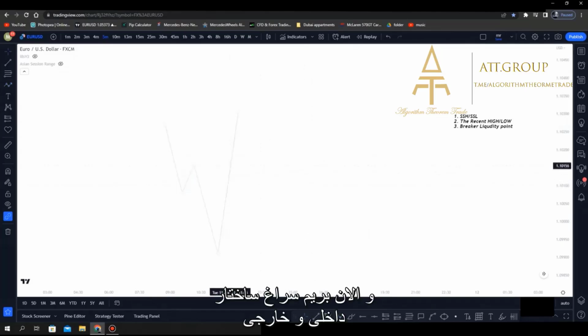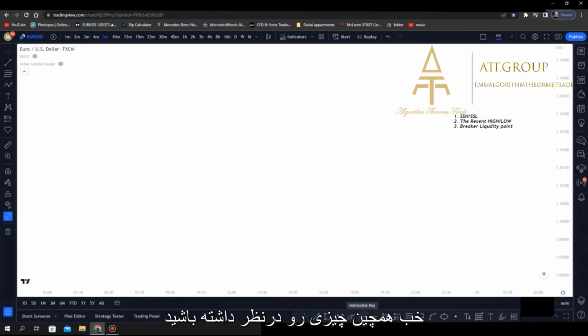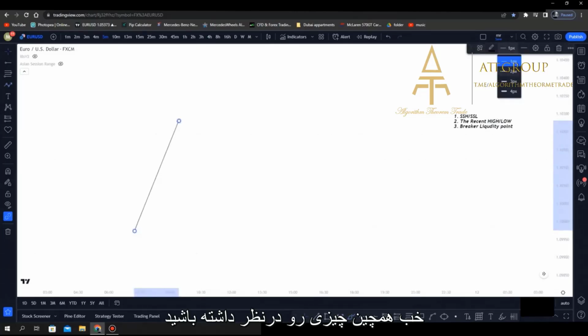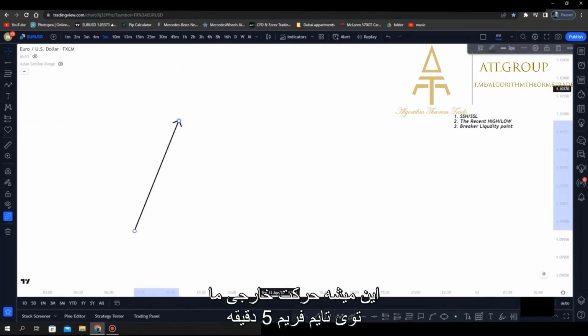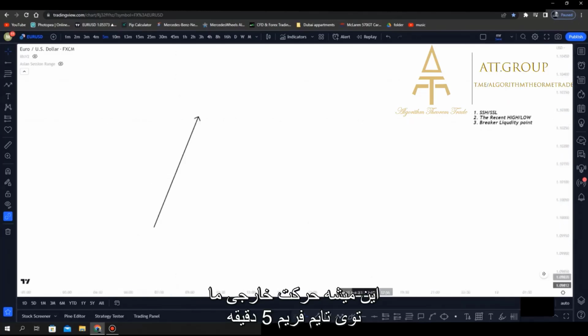So now let's go to external and internal structure. So right here we would have our, let me make it like this. So this would be our external push on 5 minute.